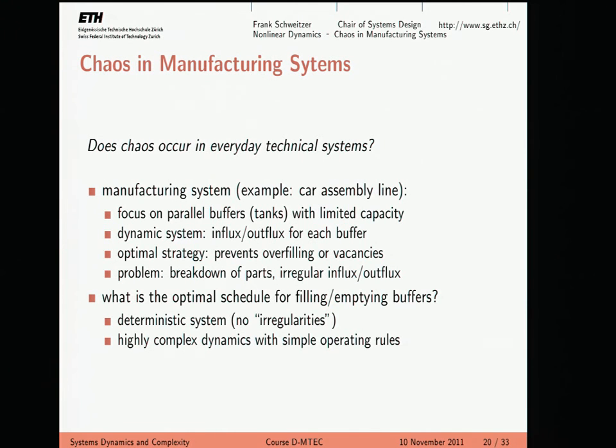So, we have a manufacturing system. This is an example of chaos in a manufacturing system. I talked about this in the beginning of the course. We have a manufacturing system, and it exhibits chaotic behavior, so unpredictable behavior in, I don't know, utilization of some machine, for instance.